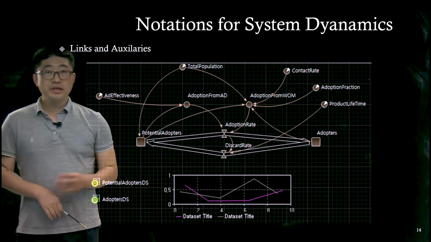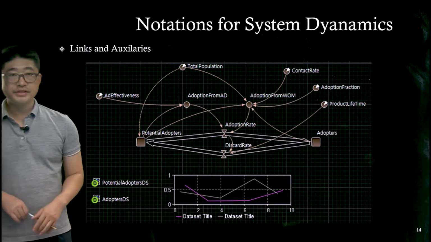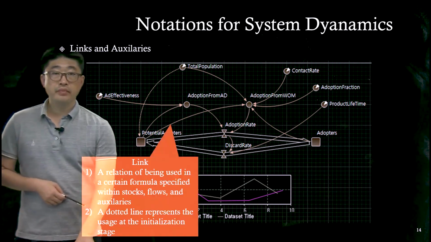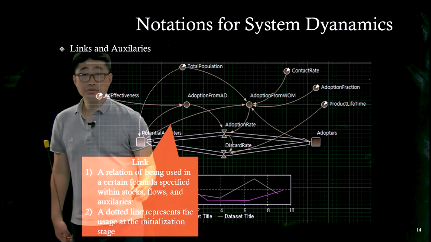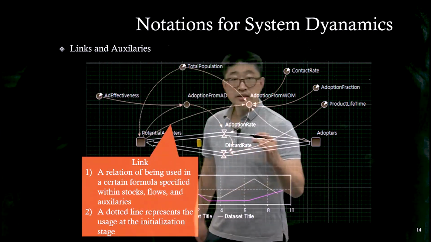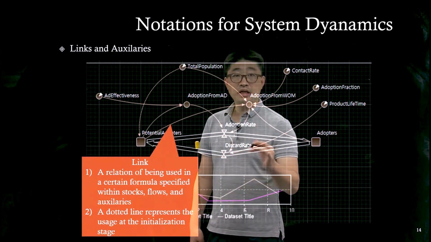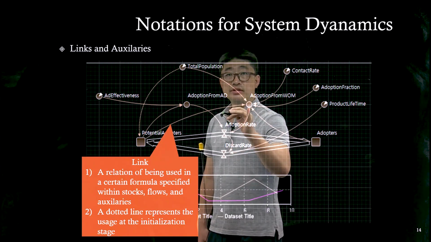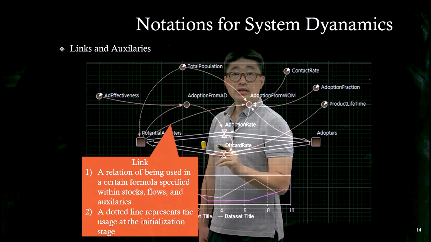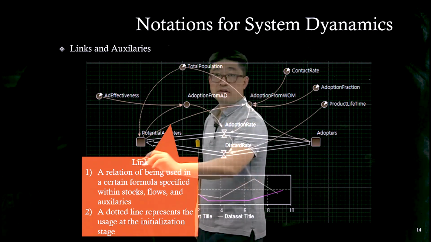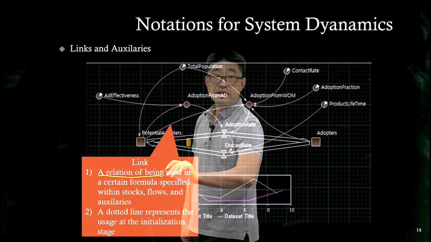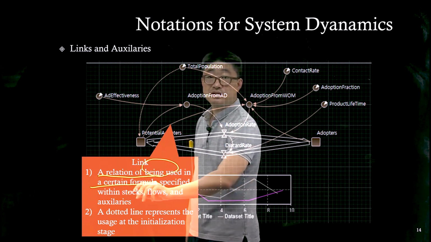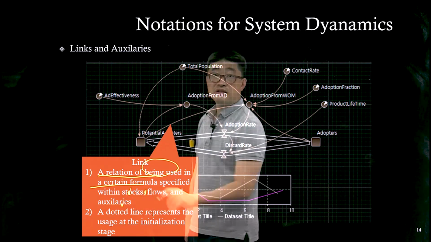Right. Now we explore more notations for system dynamics. The first thing we are going to cover is the link. The link is specified between variables, which we call auxiliaries or parameters and so forth. These links are the relationships used in a certain formula specified within the stocks, flows, or auxiliaries.